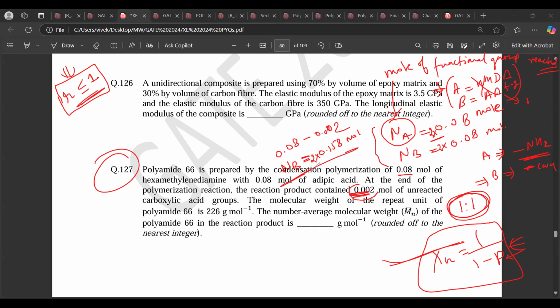So your Nb was this many and your Na was this many. This is not true because some of this reacted. So you know your ratio, and you have Na and Nb not 1:1 but different. So you get 0.158 into 2 divided by this 2 into 0.08.